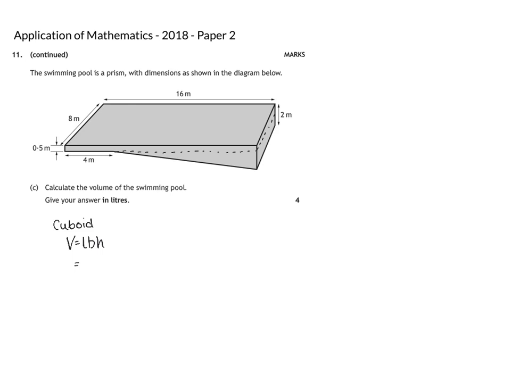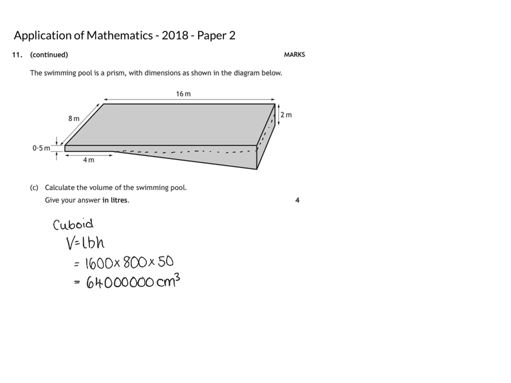So the length of the pool total, so we've got 16 metres, so 1,600 centimetres. Our 8 metres is 800 centimetres. And then our depth of the pool is 0.5 metres, so that is 50 centimetres. So we get that cuboid has a volume of 64 million centimetres cubed.